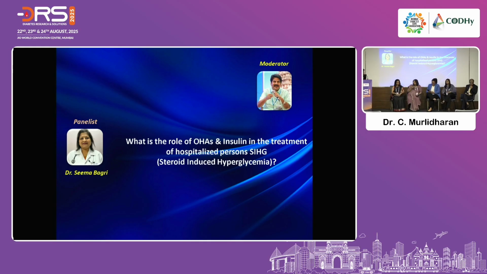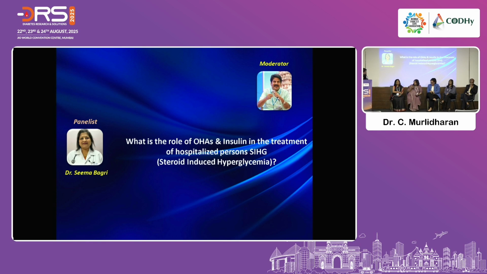Also, we have to be careful when choosing the oral hypoglycemic agent. Something like metformin, we generally don't give in the hospital setting if the patient has underlying renal or hepatic impairment. Secondly, with SGLT2 inhibitors, the patient can have dehydration, ketosis, or genitourinary infection.